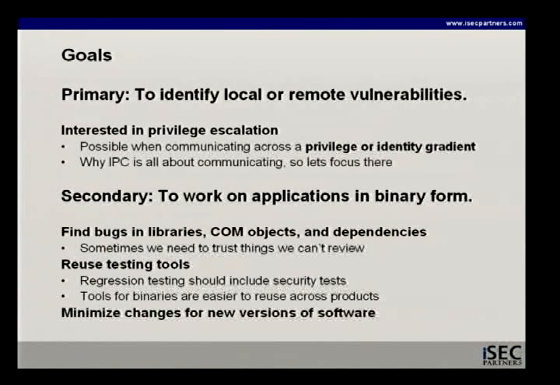So these techniques that I'm talking about have a couple of goals. One of the goals is to identify vulnerabilities, local or remote, in applications. We've got, as I've said a couple of times, some binary that we're looking at. Maybe it's some kind of service, and we want to make sure that every part of the attack surface of this application has been covered.